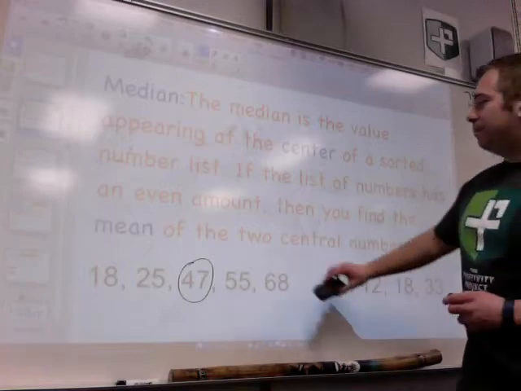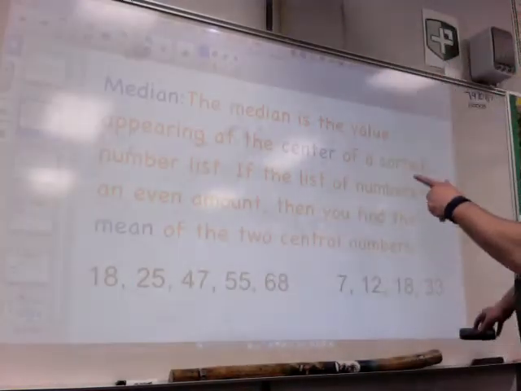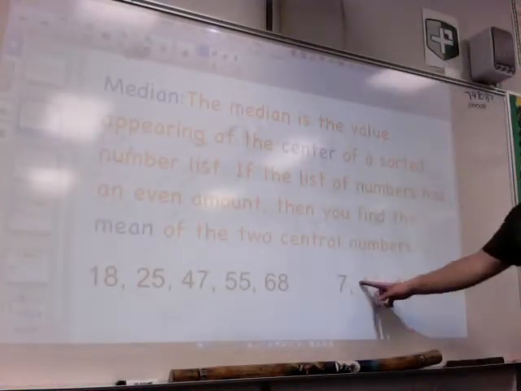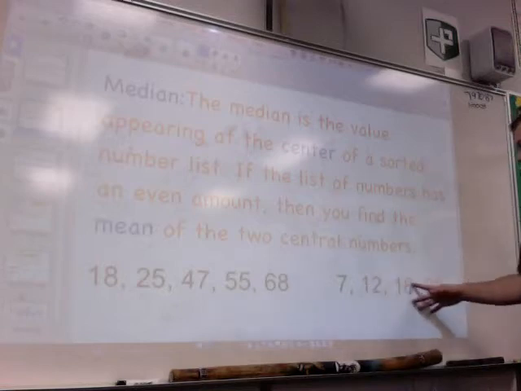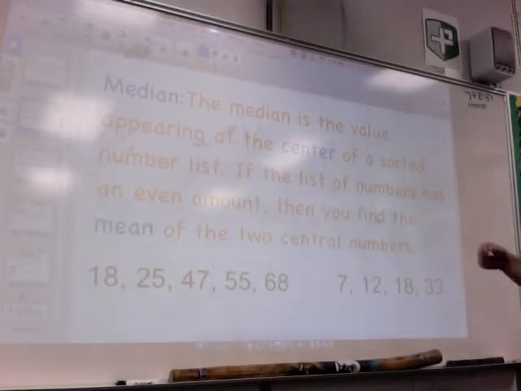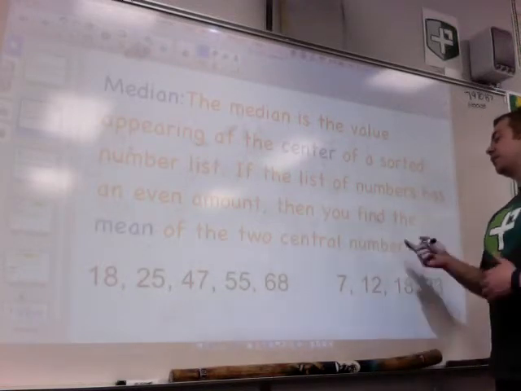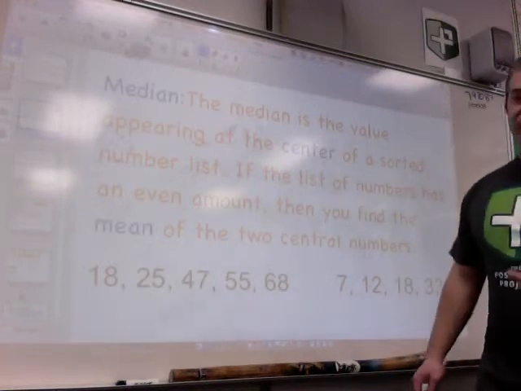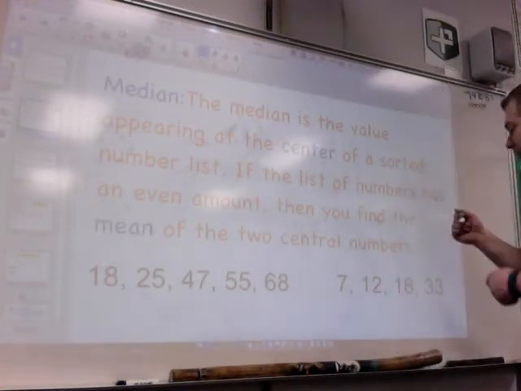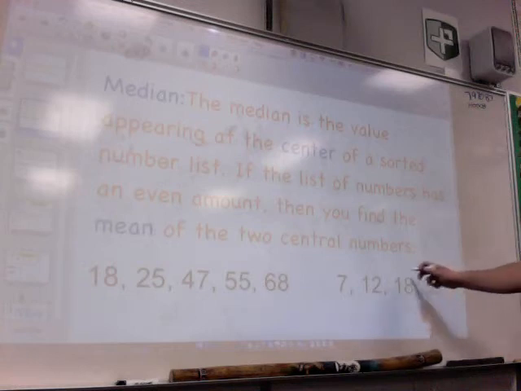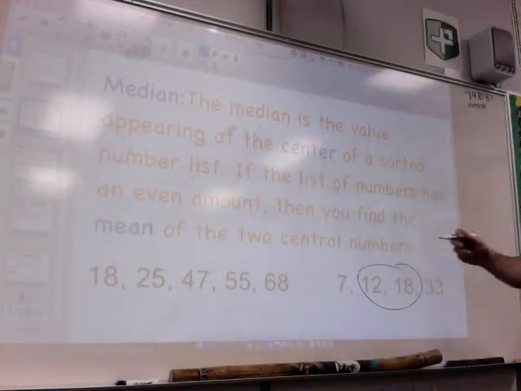But if the list of numbers is an even amount, like this set over here, I only have 4 numbers, then you find the mean of the central numbers. That's why we taught mean first. You needed to know that. So with this, I have 4 numbers. These 2 numbers are in the middle.